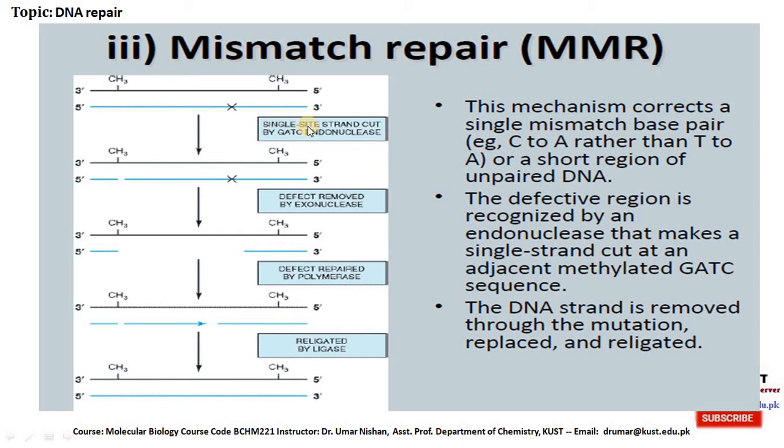You can see here single site strand cut by GATC endonuclease, a defect removed by exonuclease, and defect repaired by polymerase, and then religated by ligase. So you can see here how the process of mismatch repair is doing the job of repairing of DNA.